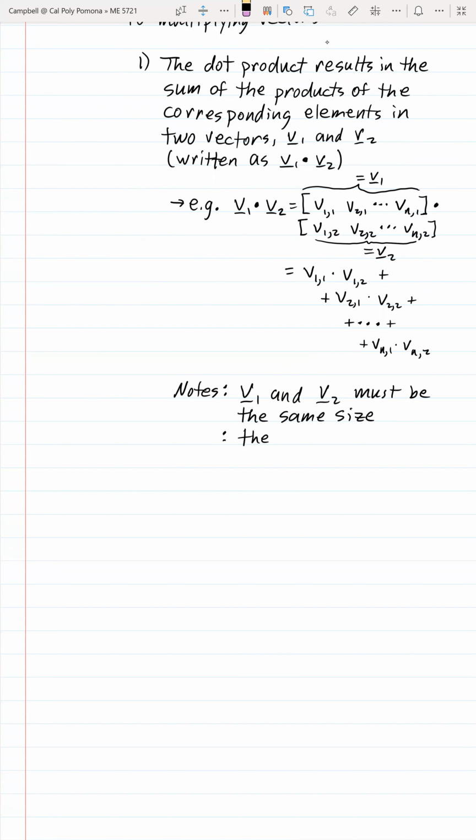That's clear from the definition itself. We have to have corresponding entries to multiply together. If we don't, then we have an invalid operation. Additionally, the result of the operation is a scalar.